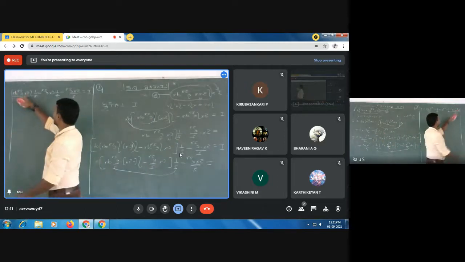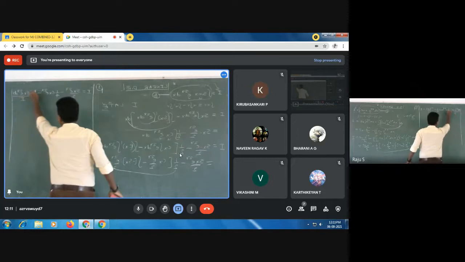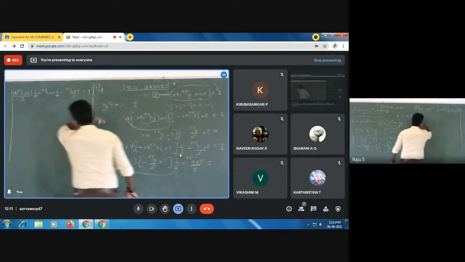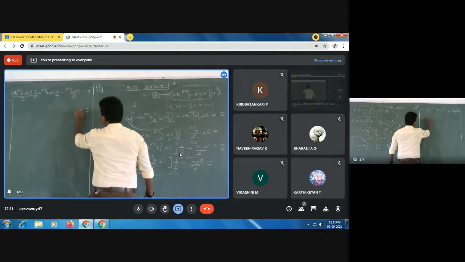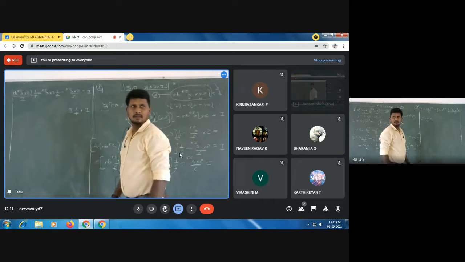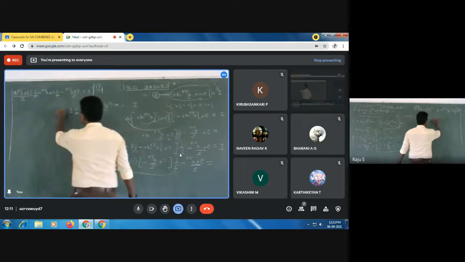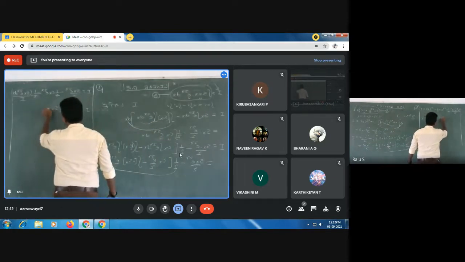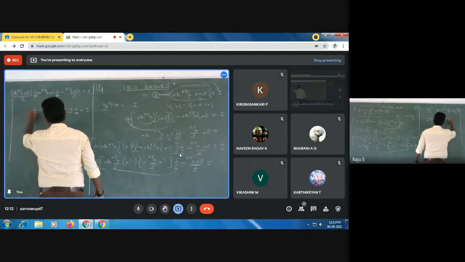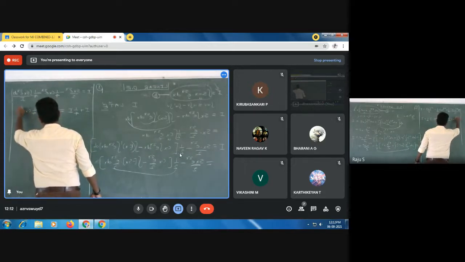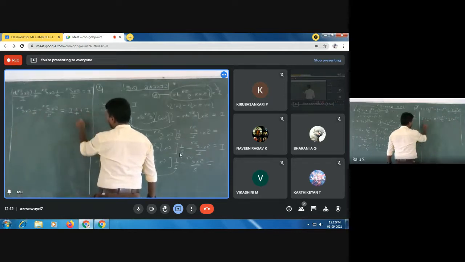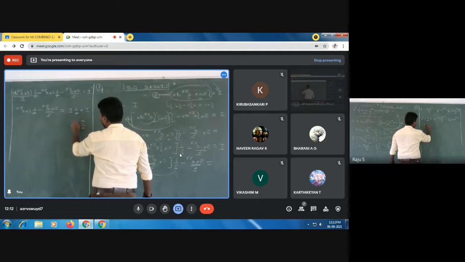Now again it is equal to I. This is 1 by 4 into I, minus 1 by 4 into I. Take it to the left side: I plus 1 by 4 I. This is a question somewhat lengthy but easy. So what about this value? I plus 1 by 4, shall I write 5 by 4 into I?